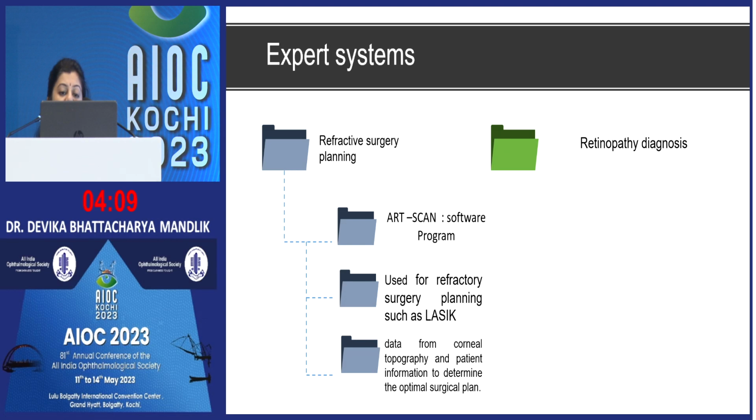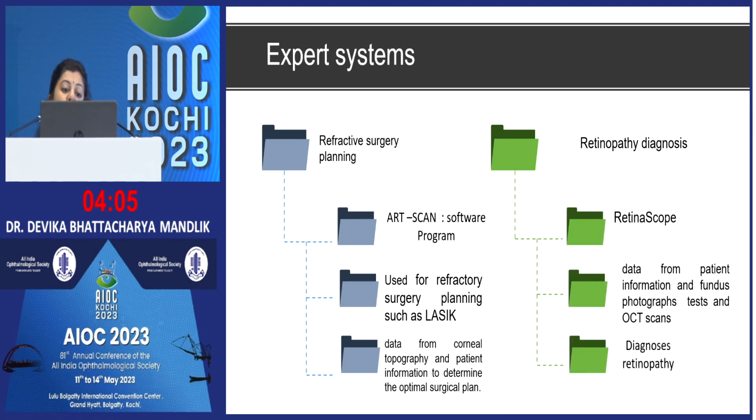Then we have refractive surgeries and retinopathy diagnosis. There is a software program known as ART-SCAN, which uses data from corneal topography and patient information to determine the optimal surgical plan and is used for refractive surgery planning, such as LASIK. We have Retinoscope, which helps in the diagnosis of retinopathy, analyzing data from the OCT images and the fundus photographs of the patient.